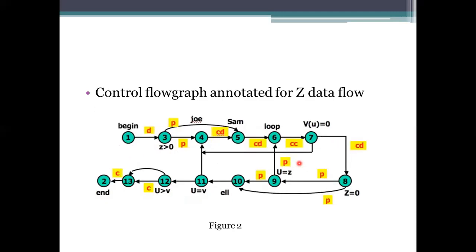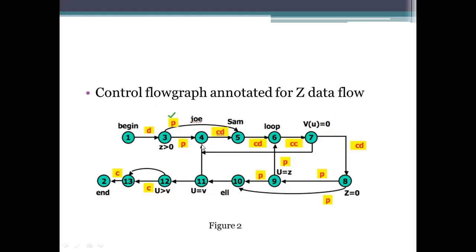And coming to the next one, that is the z variable. Z variable, as I told you, has been defined 4 times. So the 4 times means we need to check whether these 3 updations have been used relevantly or not. So here, this is the defined one.